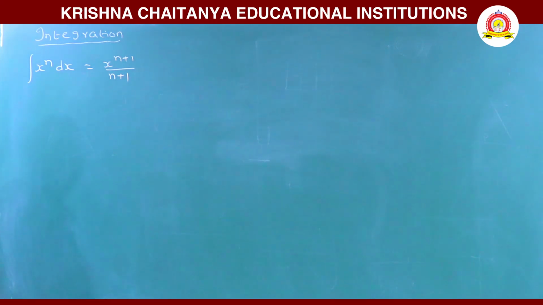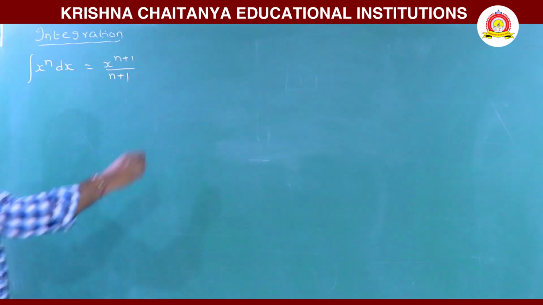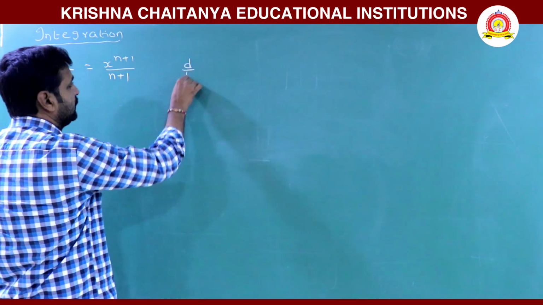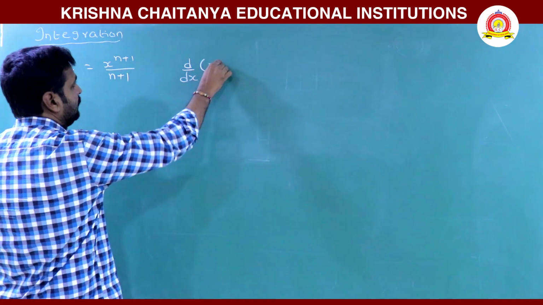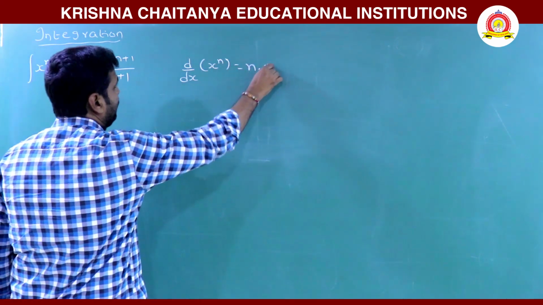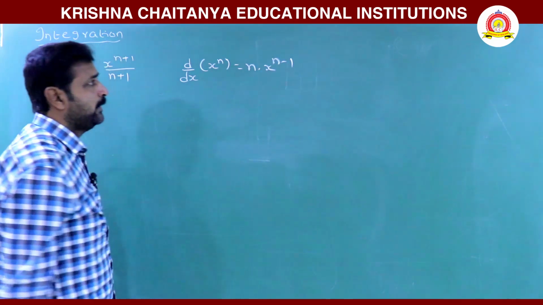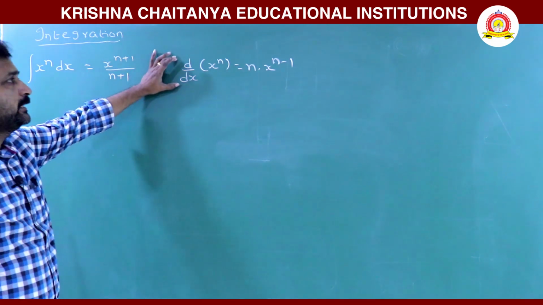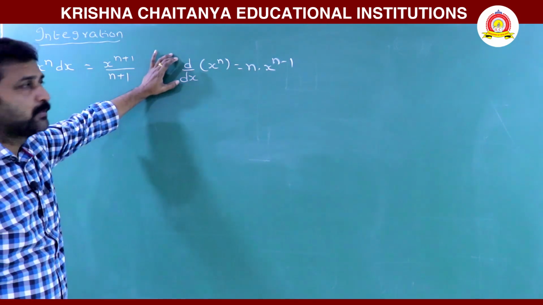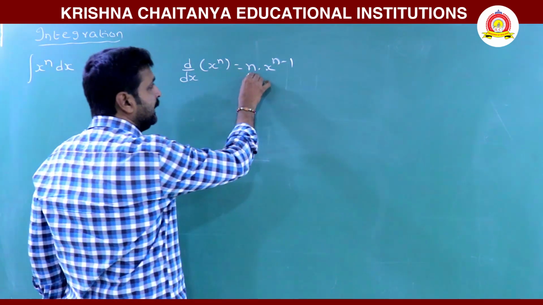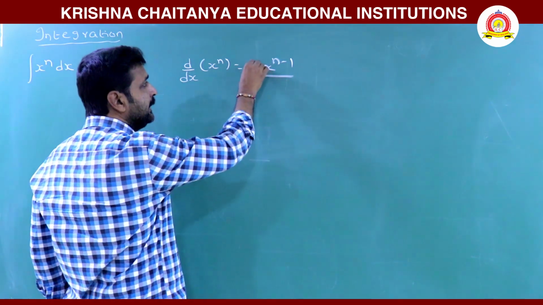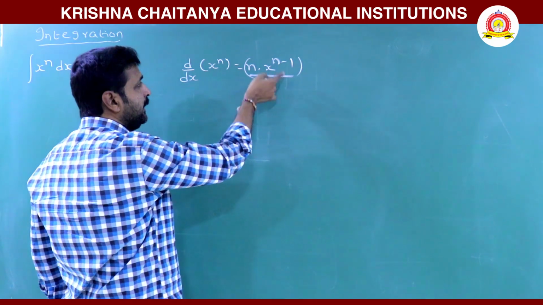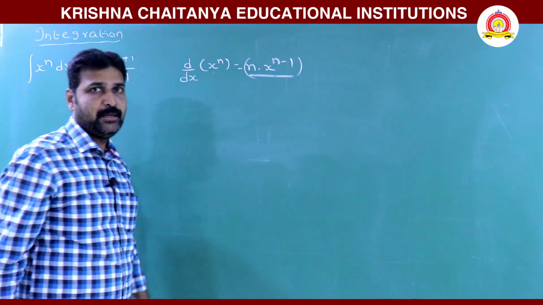In the earlier class we discussed d by dx of x power n is equal to n into x power n minus 1. Now what we are saying is, the value you get from differentiation, if it is integrated, again gives x power n.